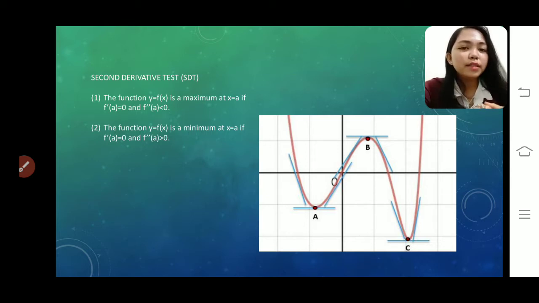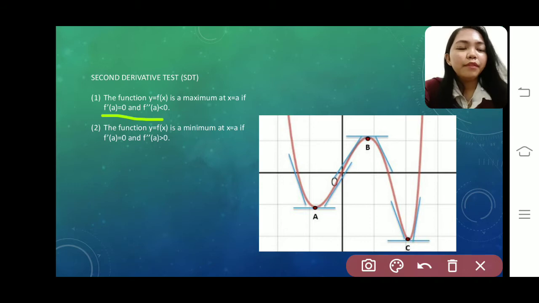So, for the first condition, we have the function y is equal to f of x is a maximum at x equals a if f prime of a is equal to 0 and f double prime of a is less than 0. So, meaning, ang itetest nating value is yung manggagaling ulit dun sa tinatawag nating critical number, which is the value of x that will make our first derivative equal to 0.